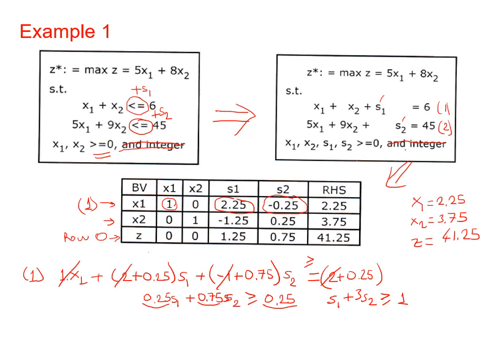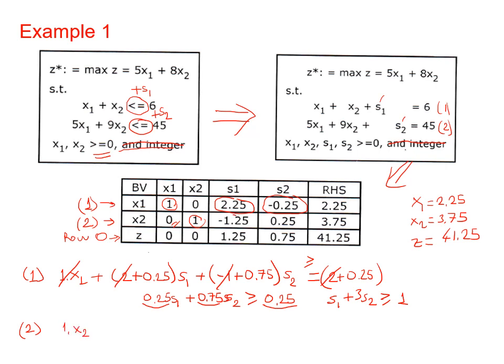What about the second cut? Let's consider that second cut now. Corresponding to this second constraint, the coefficient of x1 is 0 and the coefficient of x2 is 1, so I'm writing 1 times x2.